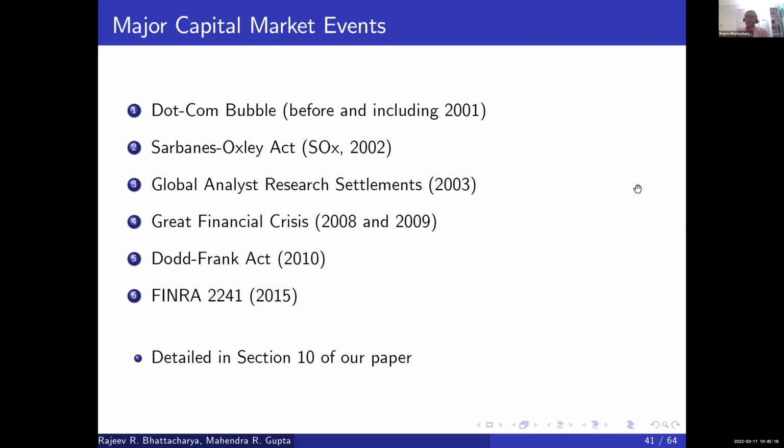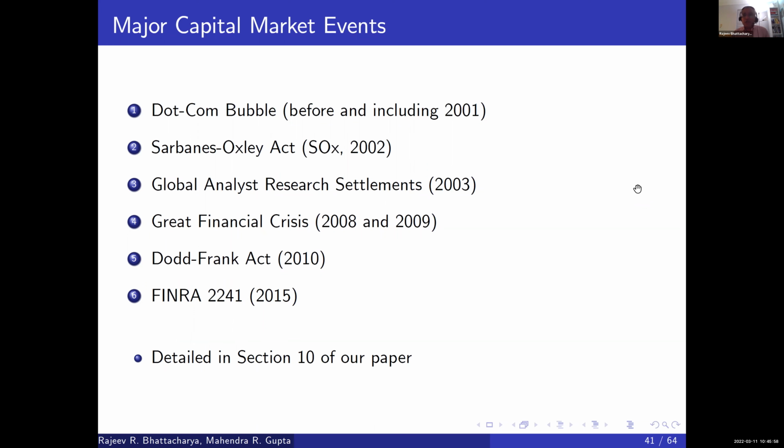All right, the major capital market events that we are going to talk about. Once again, the limitation of this paper is that we are really focused on the US. First the dot-com bubble, then Sarbanes-Oxley in 2002, the global analyst research settlements in 2003, the great financial crisis of 2008 and 2009, the Dodd-Frank Act of 2010, which in the US we often joke was the Full Employment Act for financial economists, and FINRA 2241.